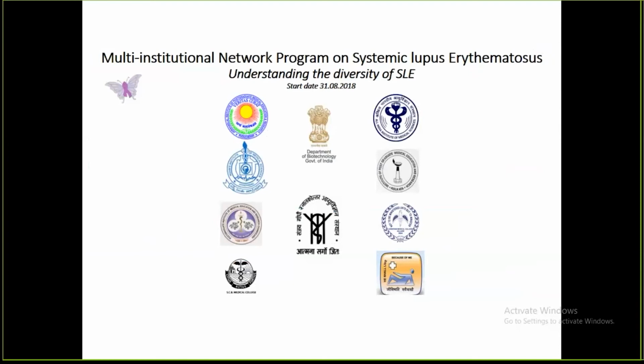The other 8 centers include All India Institute of Medical Sciences, New Delhi, PGIMER, Kolkata, CMC, Vellore, St. John's Medical College, Bangalore, JIPMER, Puducherry, Nizam's Institute of Medical Sciences, Hyderabad, PGI, Chandigarh, and SCB Medical College, Cuttack.